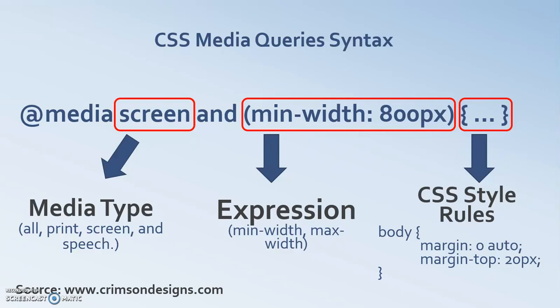Then comes the expression, the parameter that will be evaluated. In this expression, we set the minimum width or the maximum width that we are setting the rules for. Then come the CSS style rules, all the rules listed inside the media query's curly braces, which will be applied to the website when the expression is true.